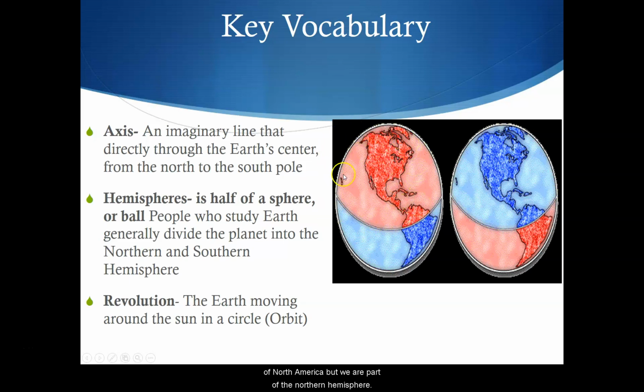We say that all of those places are part of the northern hemisphere. The southern hemisphere includes places like South America and Australia. Anything below the equator is the southern hemisphere, and anything above or north of the equator is the northern hemisphere.